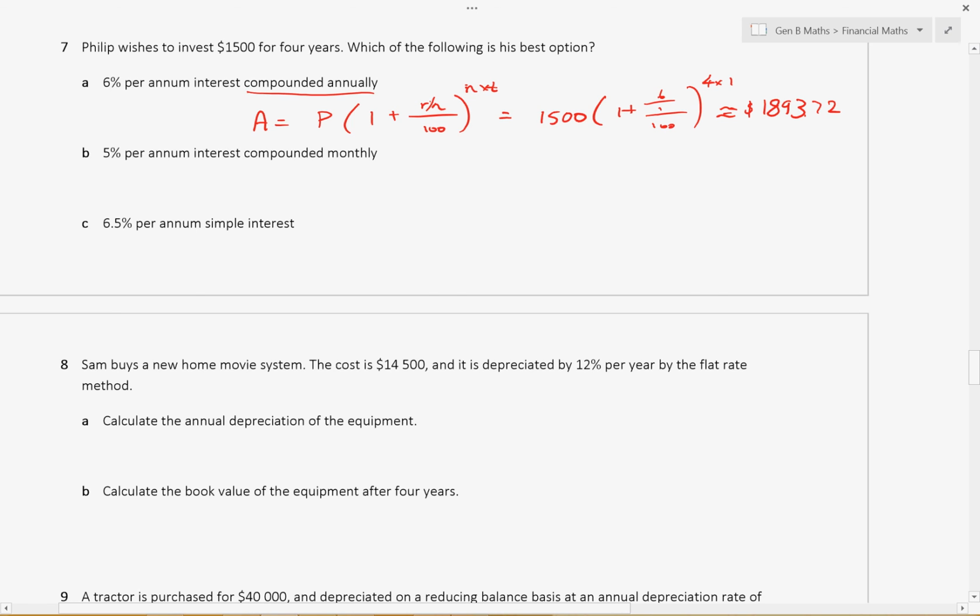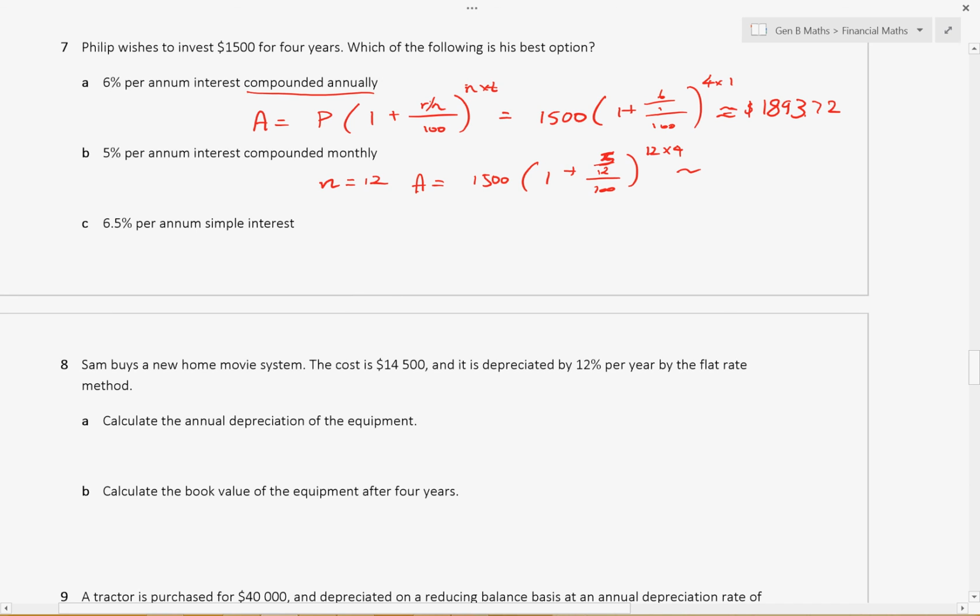Okay, what about the 5% interest compounded monthly? It's the same thing, but this time the N is equal to 12. So your formula should be equal to this, and I'm not going to do it in my calculator, but 1 plus 5% over 12 months over 100, to the power of 12 times 4, so that's 48, isn't it?